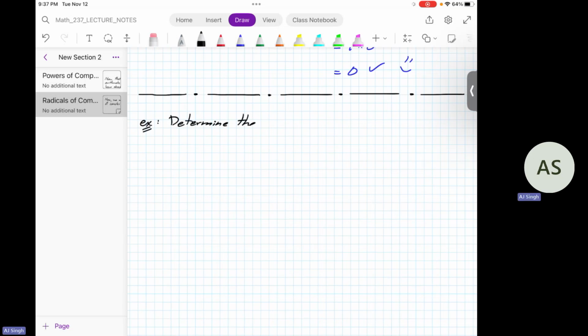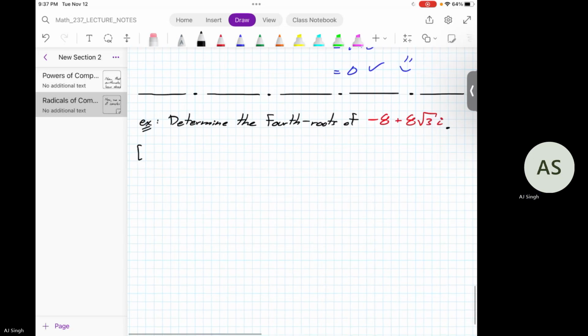Determine the fourth roots of, from my notes, -8 plus 8 root 3i. So there we go. Try this one out.